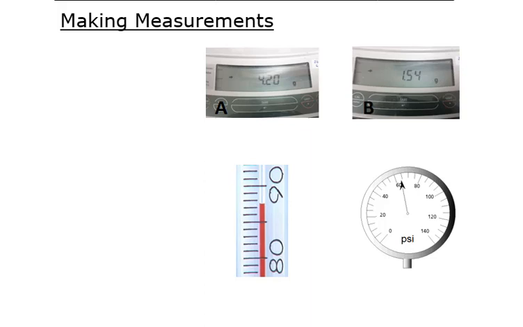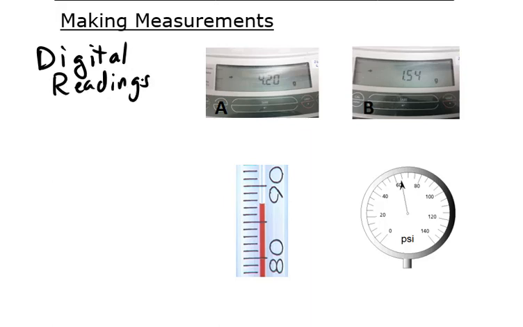First of all, when you make measurements, you're generally doing one of two kinds. You are either doing measurements where you have a digital readout, such as these two balances shown that have different values on them. When you have digital readings, you always record all of the digits shown because they are all meaningful.